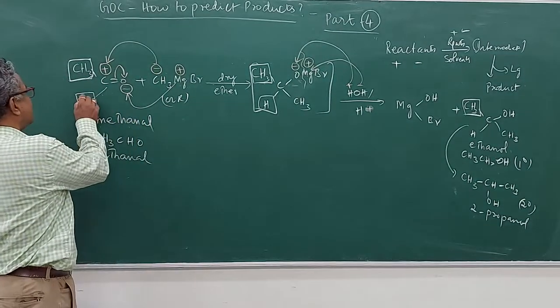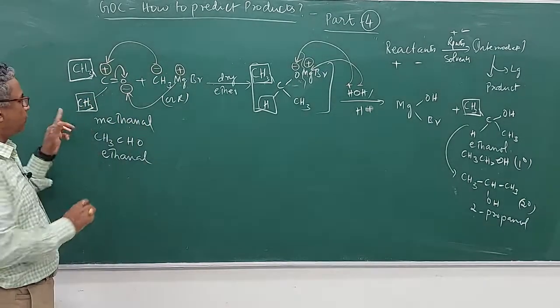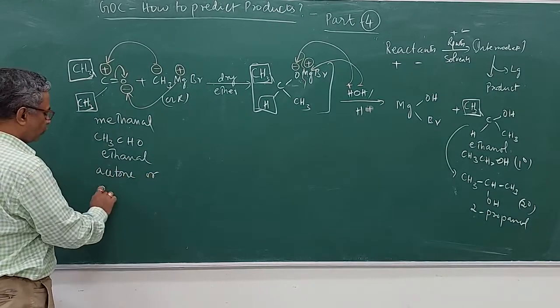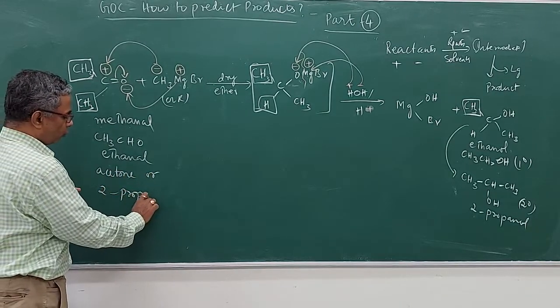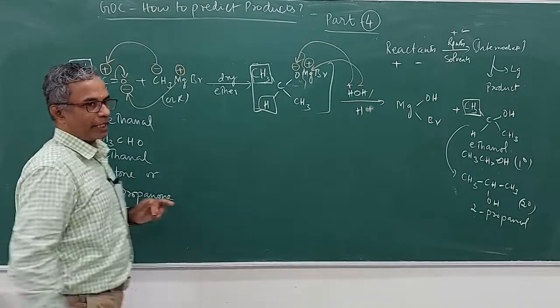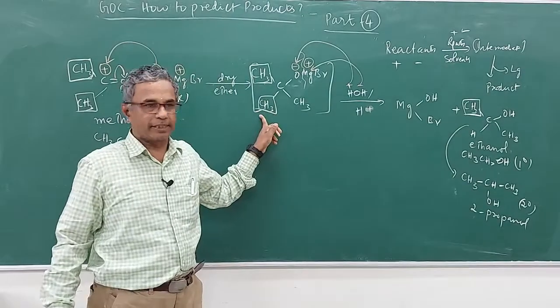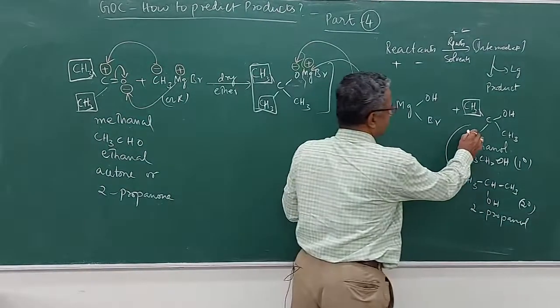Suppose I add CH3 here again, now this becomes acetone, or 2-propanone. If you take this compound, you will add CH3 here, you will have another CH3 here, then you will have CH3 here.